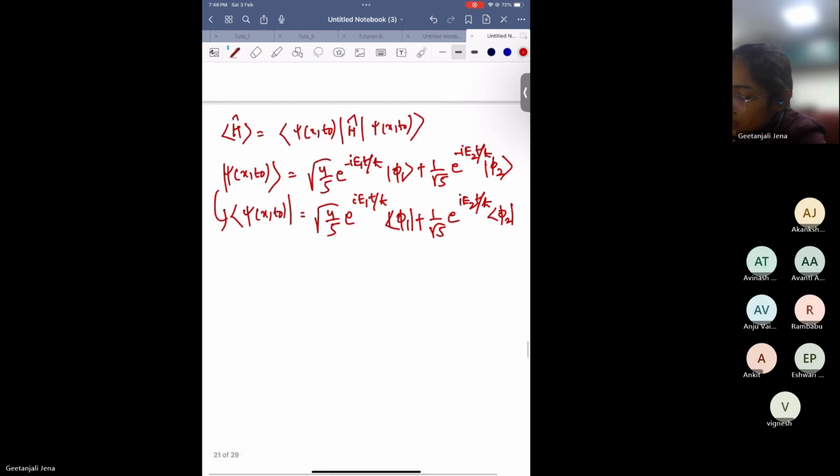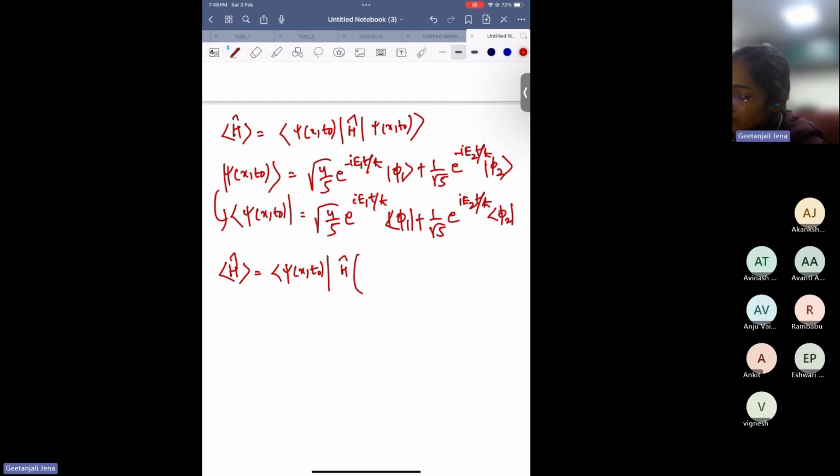So now calculate this form. This is nothing but psi of x,t0, and H acting on psi of x on this state. Let's write the whole term.